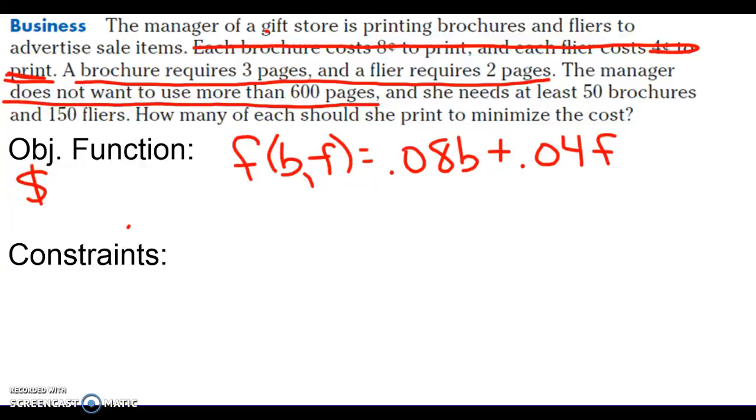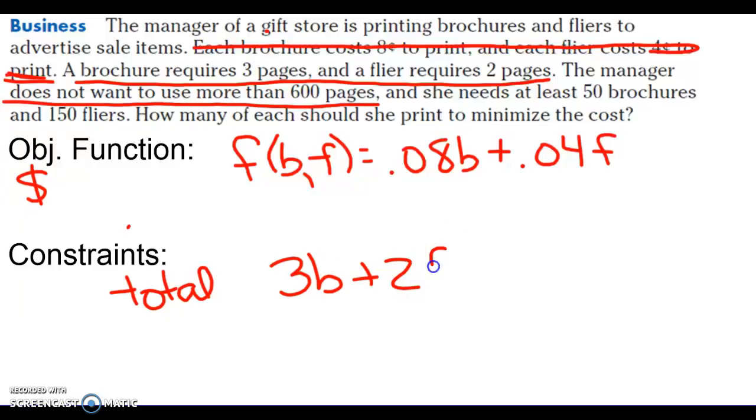So for all the pages we're going to use, we're going to do a total. Some of your constraints involve totals. So we're going to say 3 pages for a brochure plus 2 pages for a flyer is going to be less than or equal to 600, because we only have 600 pages we want to use.